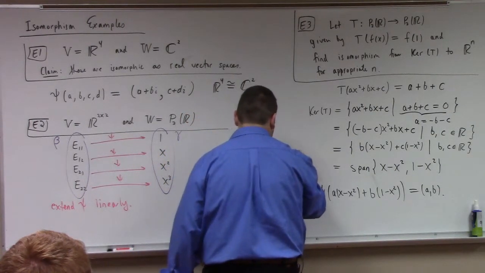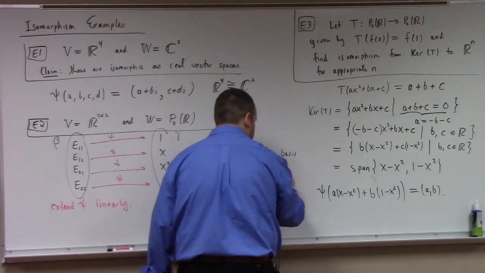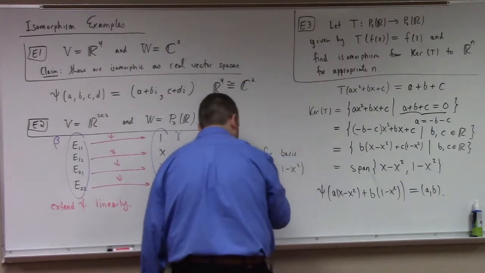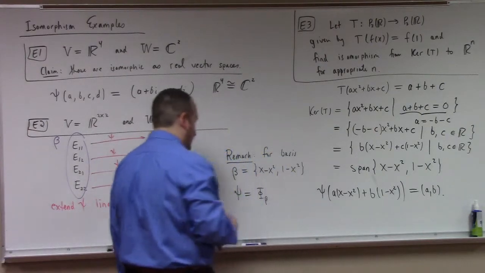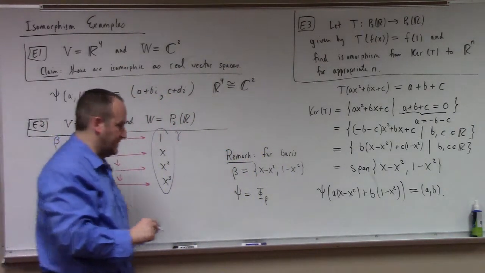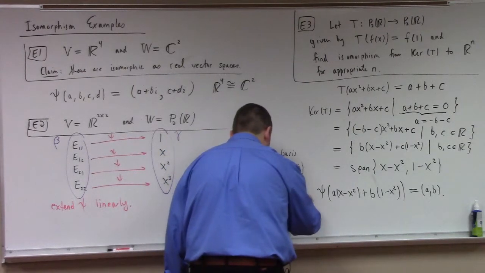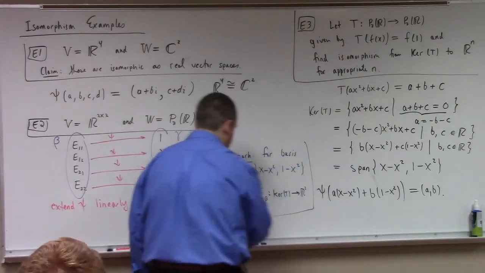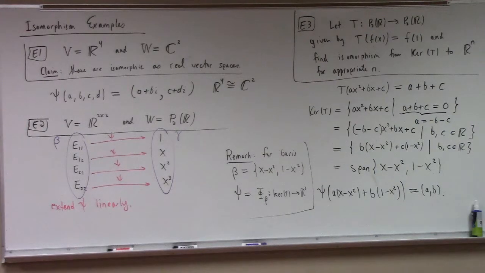For basis beta equal to x minus x squared, 1 minus x squared, psi is the coordinate map with respect to the beta basis for the kernel. This is a coordinate map from the kernel of T to R2. In other words, I just used the coordinate map to form an isomorphism here. And this is one way. This is also another way of constructing isomorphisms.